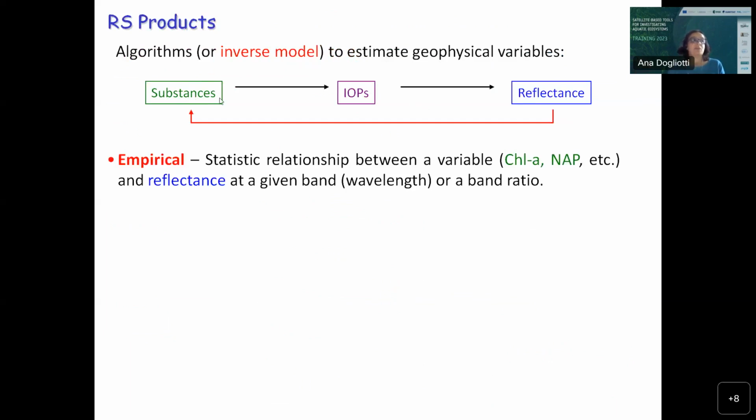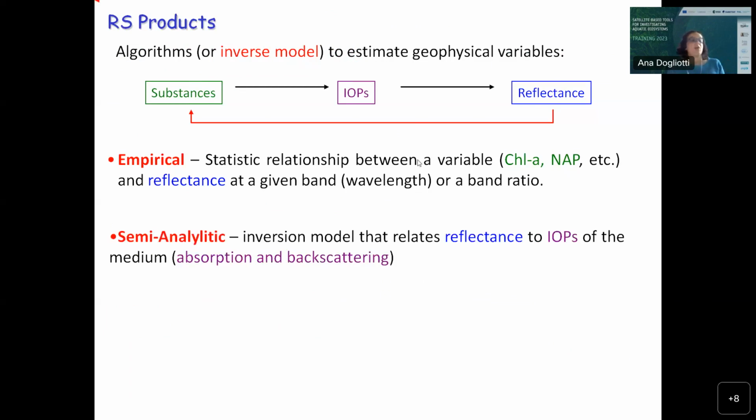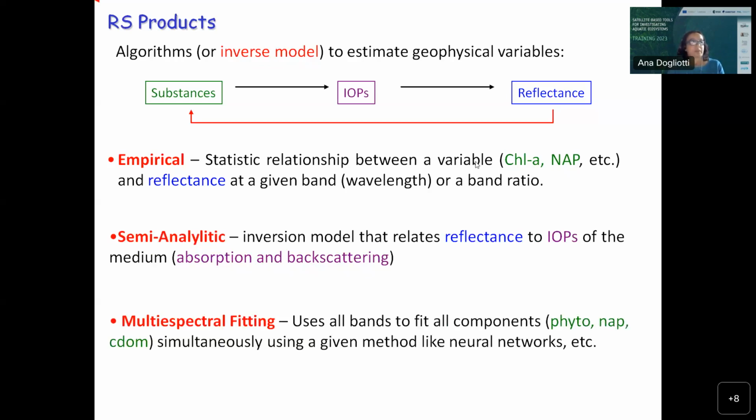The inverse models can be empirical, where from reflectance we find statistical relations with the substances present in the water, with a given band or band ratio, just an equation. Or we can go through the IOPs, what we call semi-analytic inversions, where there are relationships, and part of them are empirical, between reflectance and IOPs.